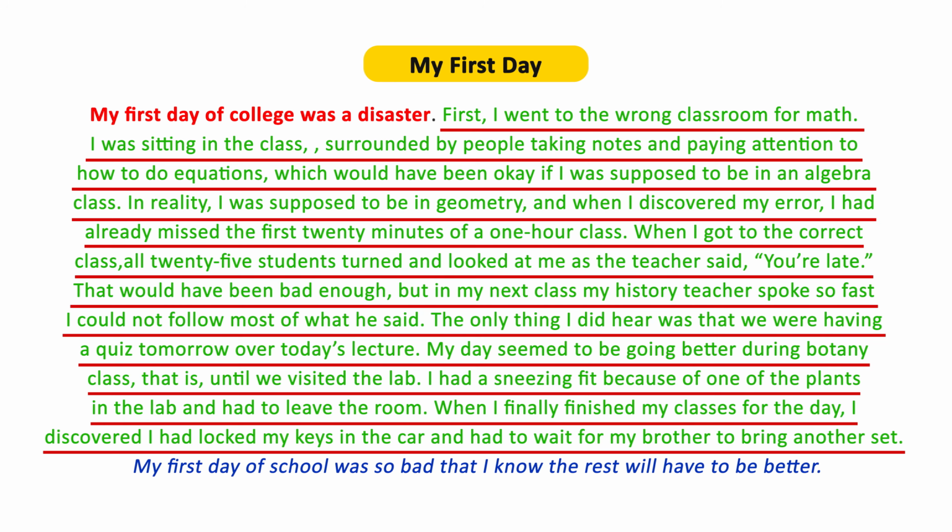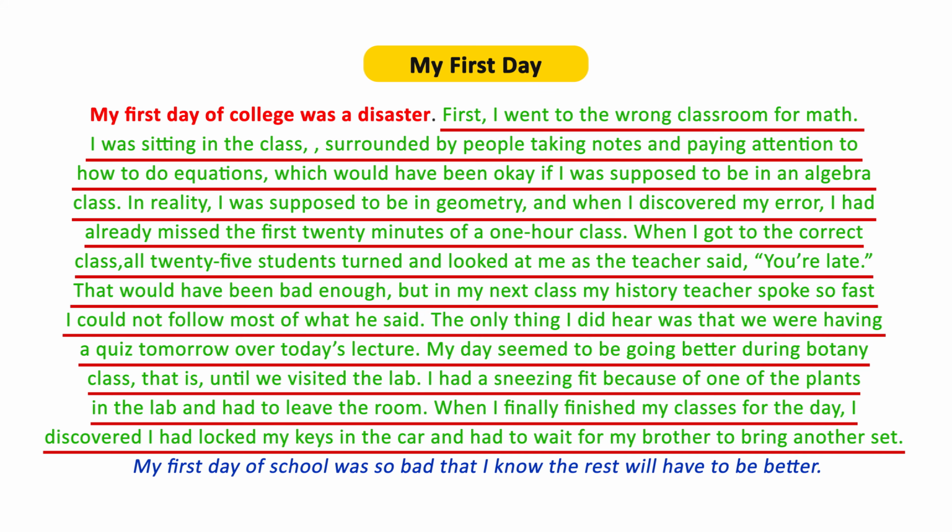Now, these supporting sentences provide details and specific examples as proof of the writer's point in this paragraph. So it shows examples of many troubles faced by the writer on his or her first day of college.